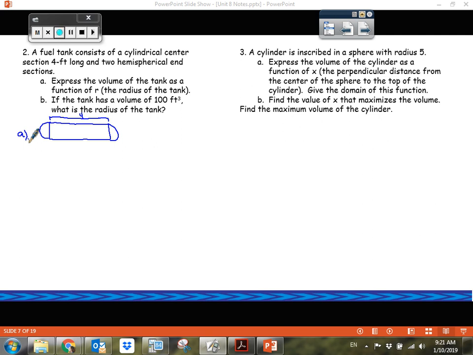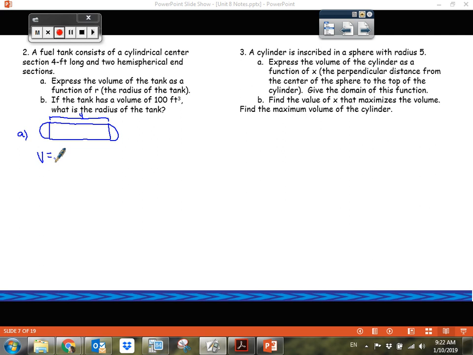So if that's something that you don't know, you need to know, because I'm not going to give you volume formulas. Alright, so if we're doing the volume of this figure, it's going to have to be the sum of two different kinds of figures, right? We're going to have to take the volume of the cylinder. Now let's think about this. We have two hemispheres, so if I were to put that together, it would be just a sphere, right? So I'm going to add the volume of a cylinder and a sphere. That's going to be my volume. So volume is going to equal, so recall the volume of a cylinder. It's the area of the base times the height.